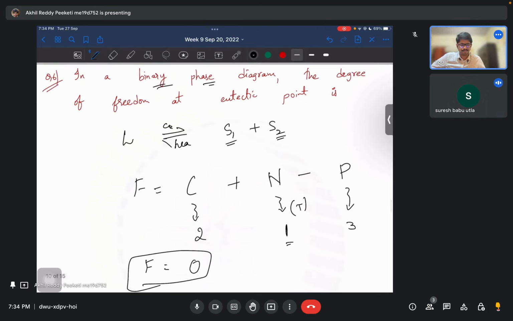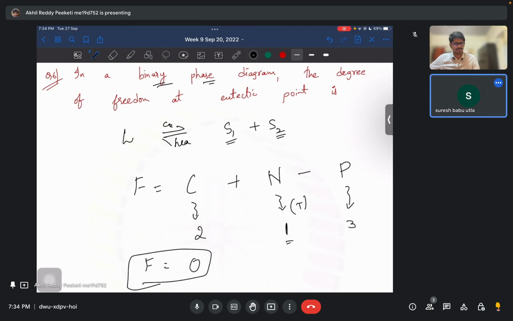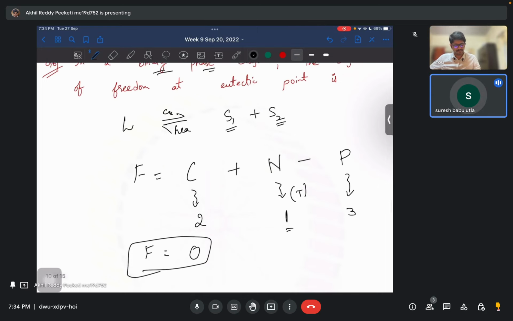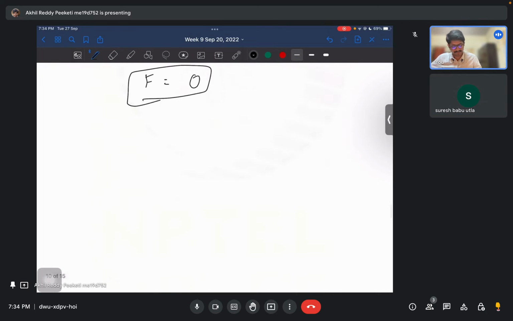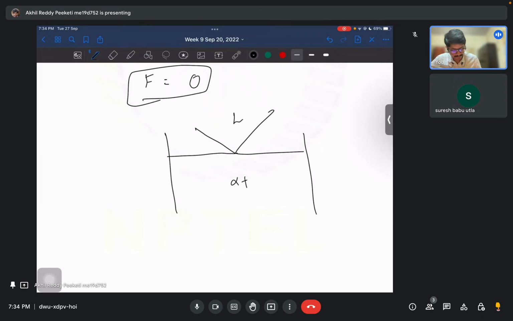Is this clear? Think of it like this, take the eutectic point only. This is liquid, this is alpha plus beta, this is liquid plus alpha, and this is liquid plus beta.